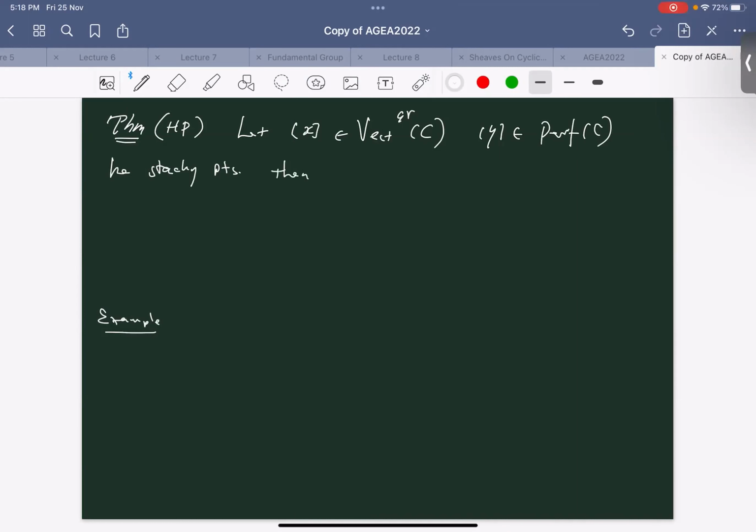Then we have P inverse of X intersect with Q inverse of Y. Here intersect means in the derived sense, in the fiber product, and these are zero shifted symplectic.